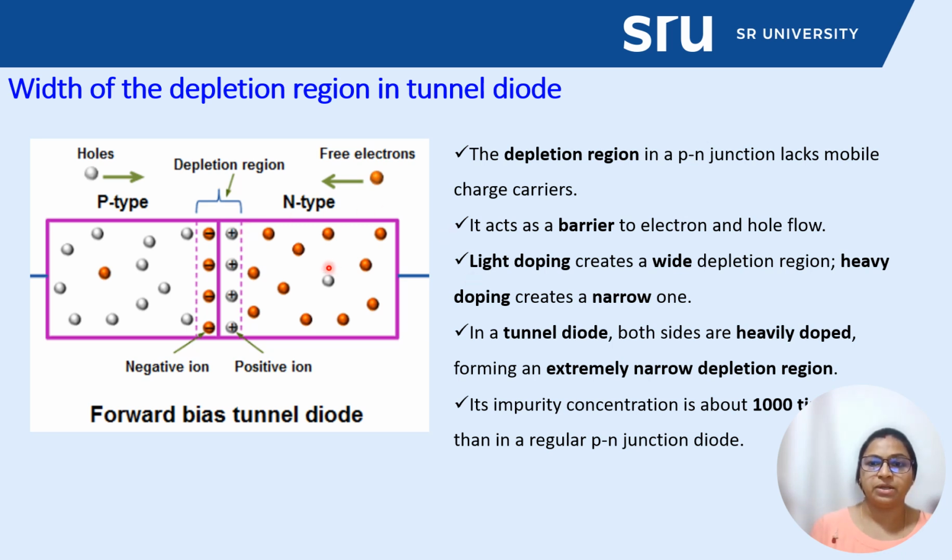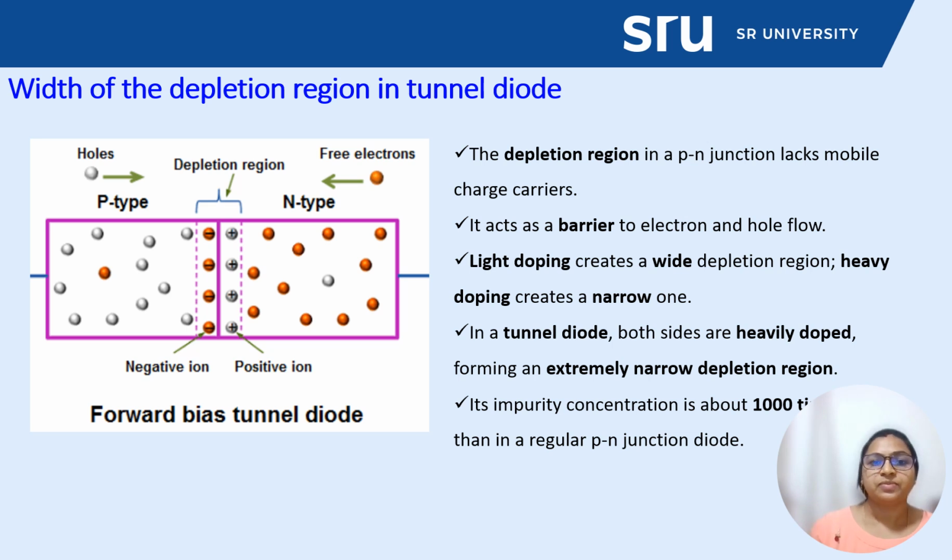In the case of the tunnel diode, both the P side and N side are very heavily doped, so the depletion layer is very thin, an extremely narrow depletion region. The impurity concentration is more than 1,000 times that of the normal PN junction diode.